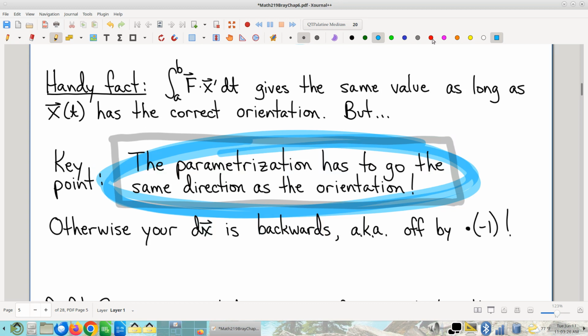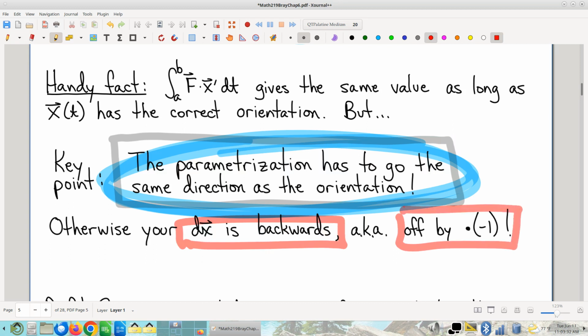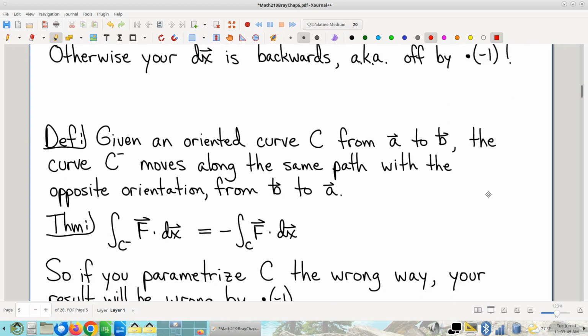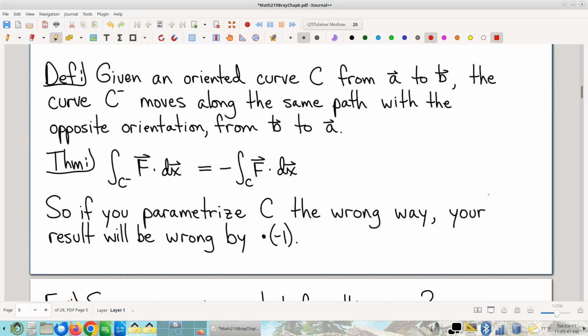And if you're going the wrong way, then you're going to be off by a factor of -1 in every single term in your integral, which means your answer will be off by -1. As I recall, the way we ended last time was in recognition that if you're going the wrong way, then you'll get the wrong answer by virtue of a minus sign.